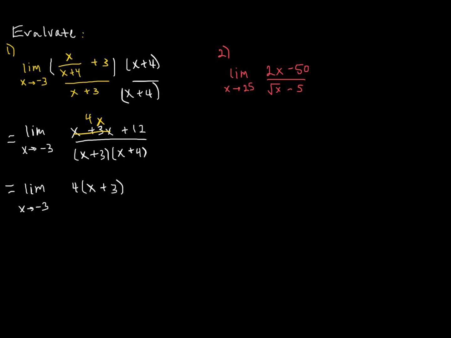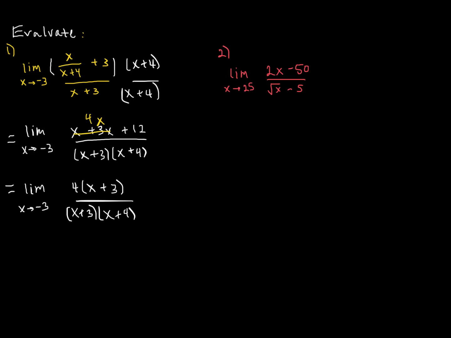And just a heads up, if you're going to be able to evaluate this limit, you're going to have to be able to cancel the denominator. So have faith and keep moving, knowing that something is going to show up. You're going to be able to factor this numerator eventually over x plus 3 times x plus 4.